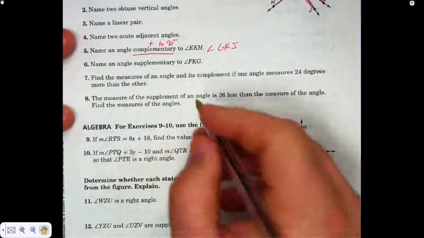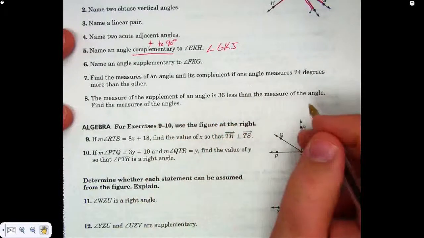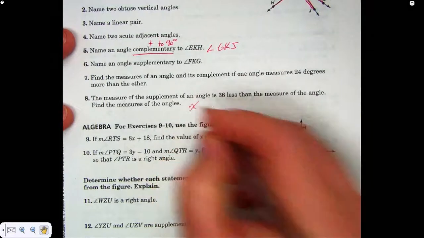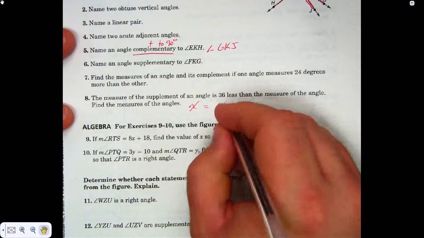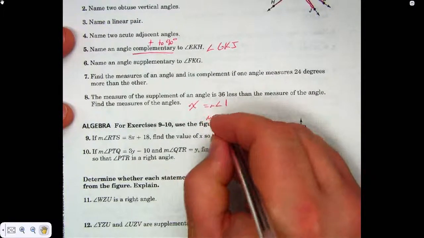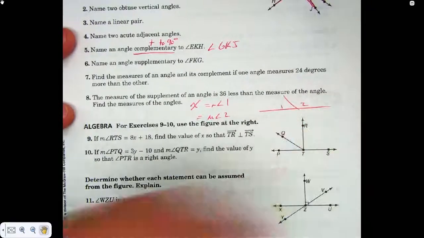The supplement of an angle is 36 less than the measure of the angle. Okay, we got a measure of an angle. Let's say X is the measure of angle 1. The measure of angle 2 is the one supplement to it.